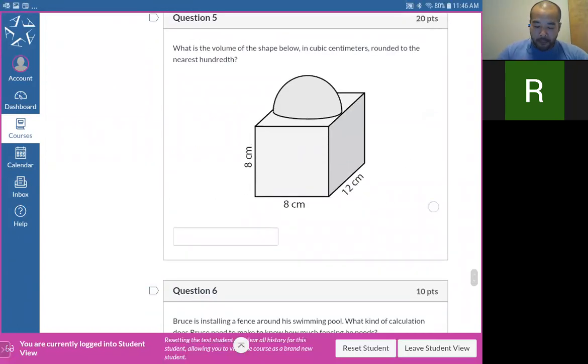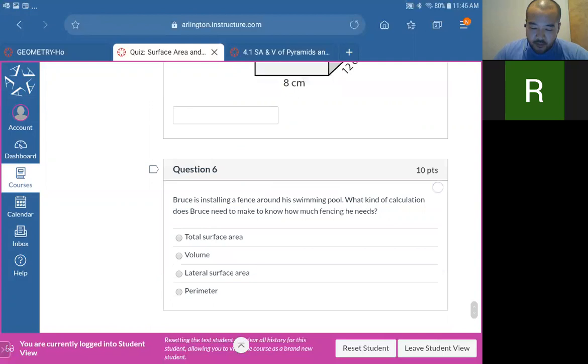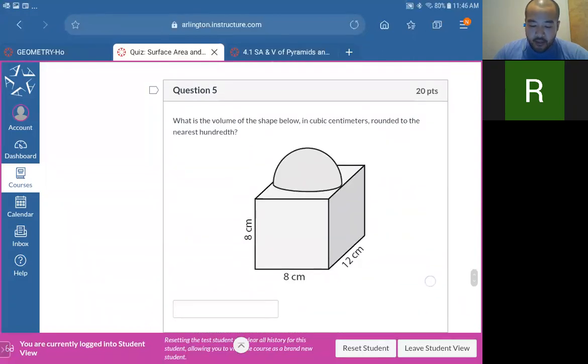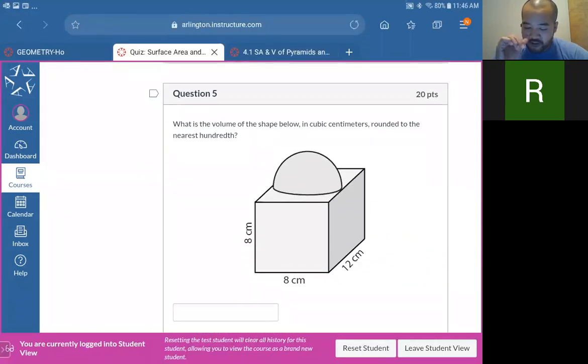Composites. Okay, here you have a half a circle and a rectangular prism. The rectangular prism is 8 by 8 by 12, so it's 768 for the prism.